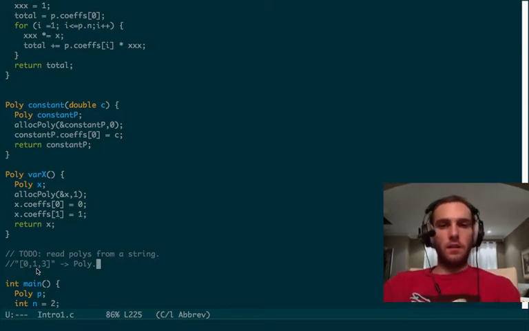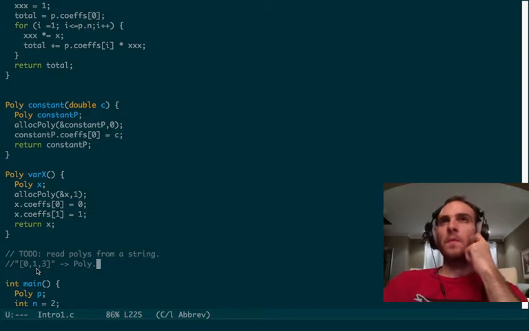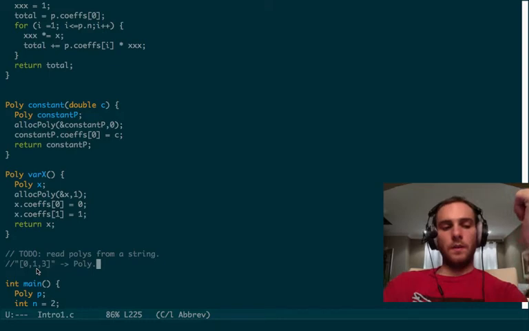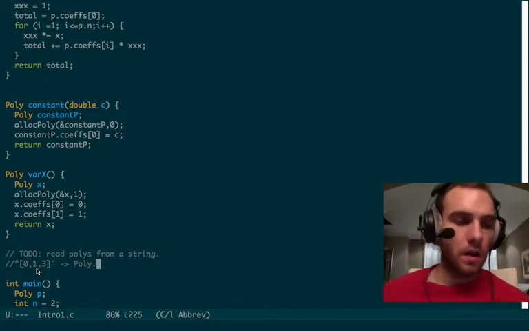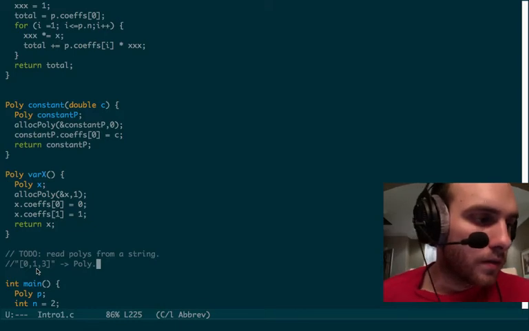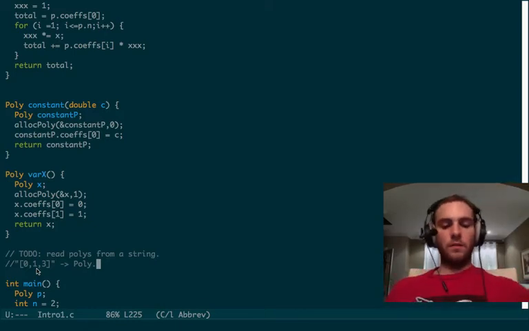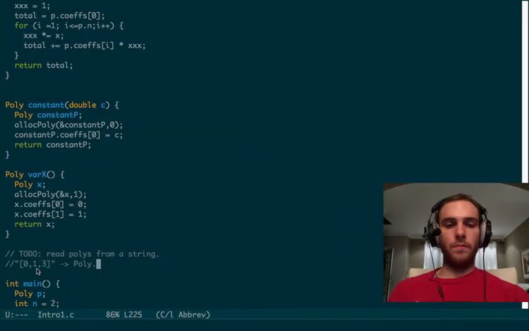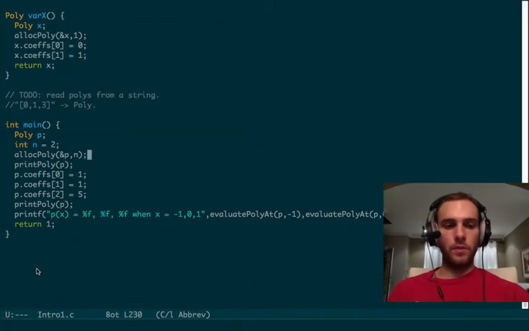The basic idea is that these polynomial construction procedures will probably never be an issue when it comes to performance.